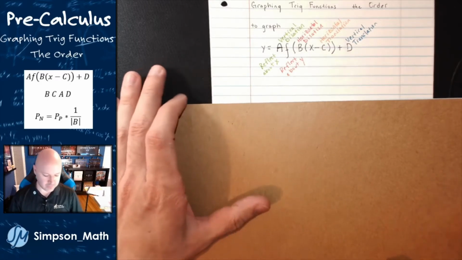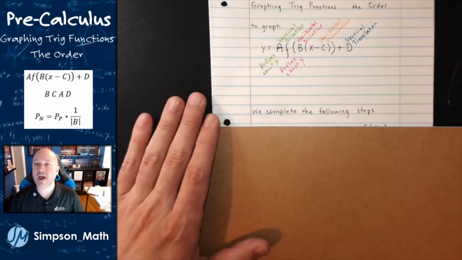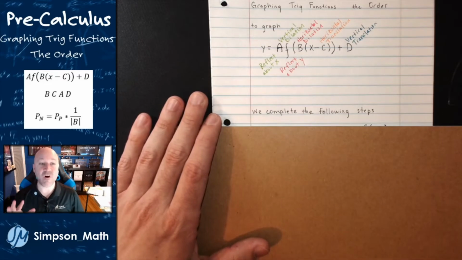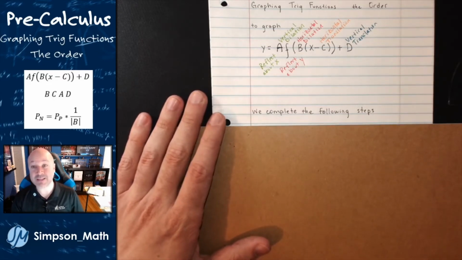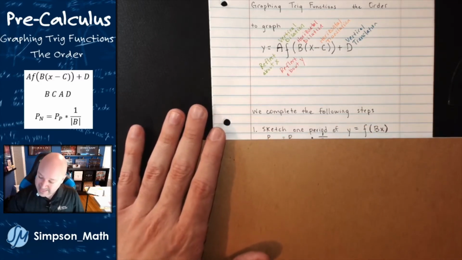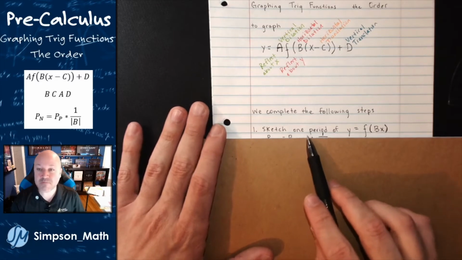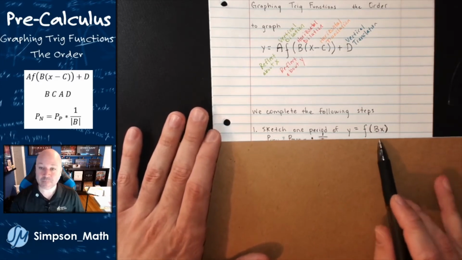But let's talk about the order. If I want to graph a function like that one where I have all 6, there is an order which we need to follow. And the first thing we take care of is that b. So what I'd like to do is sketch one period of our function. Notice I'm just dealing with the b right now.